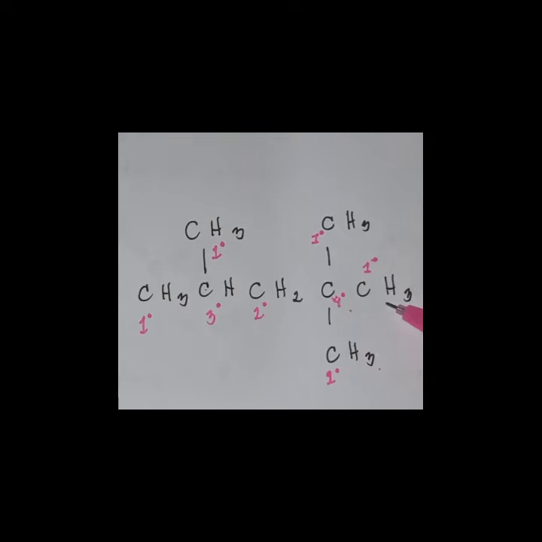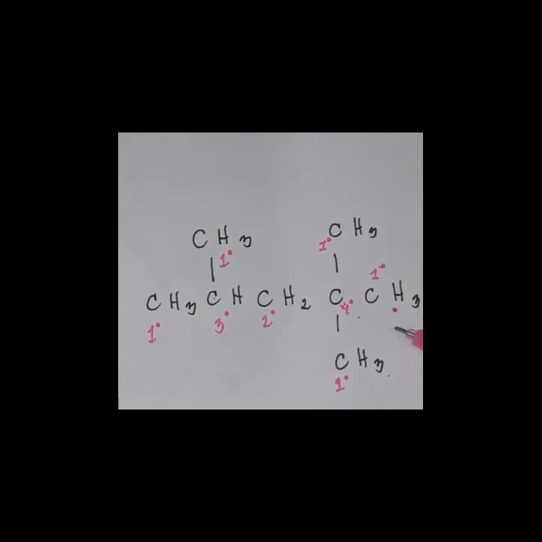For the last carbon atom, we have CH3, which is bonded to 1 carbon, so it is identified as a primary carbon. We have 5 primary carbons, 1 secondary carbon, and 1 quaternary carbon atom.